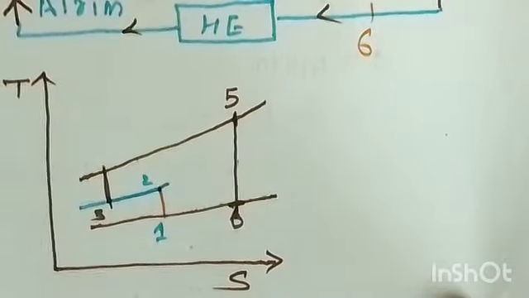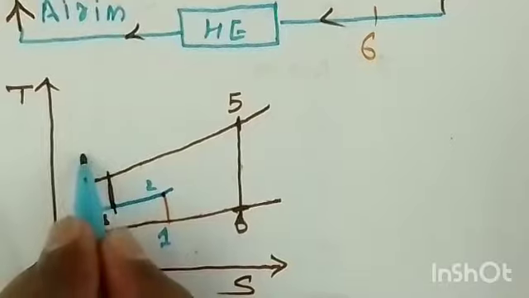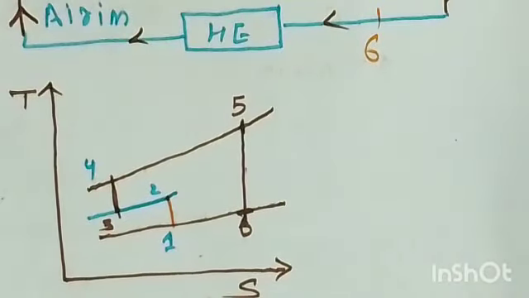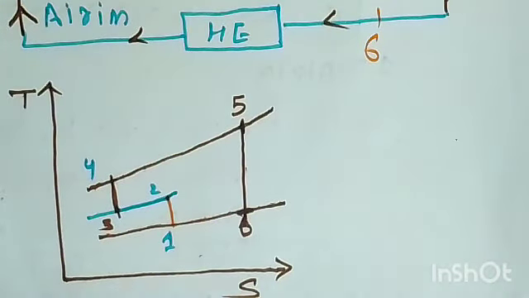So 1 to 2 is the isentropic compression in the low pressure compressor, and 3 to 4 is the isentropic compression in the high pressure compressor, and 5 to 6 is the expansion in the turbine, that is isentropic. Means whatever I have drawn, whatever you are seeing here on the screen, this is the ideal process, right? But we need to deal with the actual process.